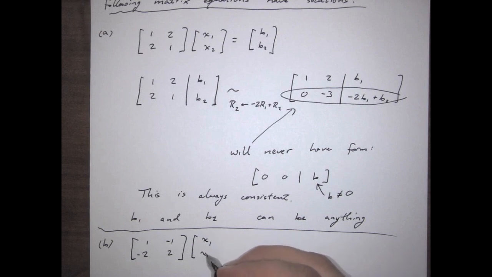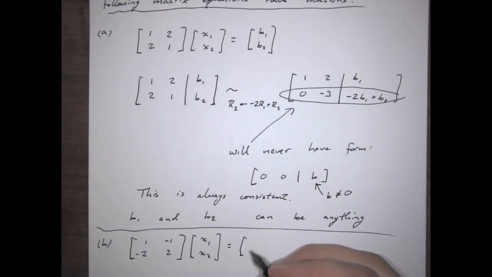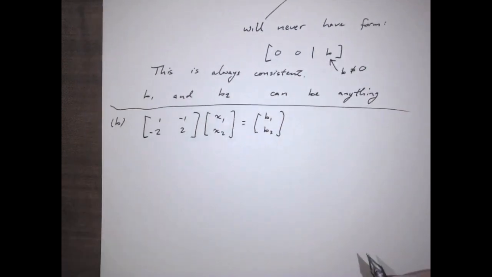x1 and x2 are the variables, and the question is what restrictions do we have to put on the b1 and b2 here in order for this to end up being consistent. Last time it turned out b1 and b2 were completely open. They could be anything they wanted, and the system would never fail to be consistent.